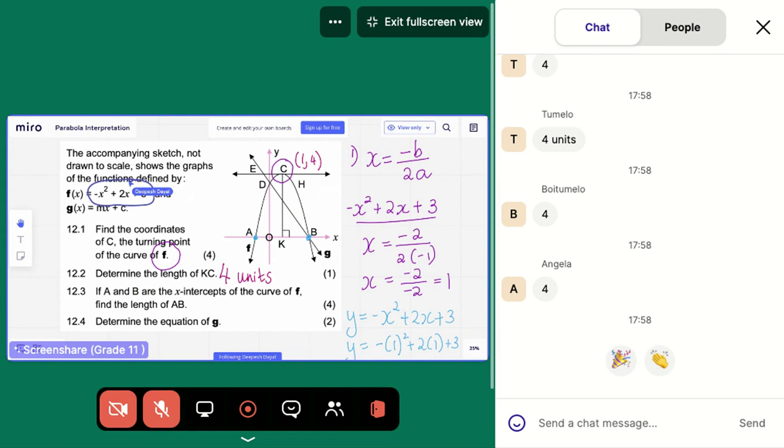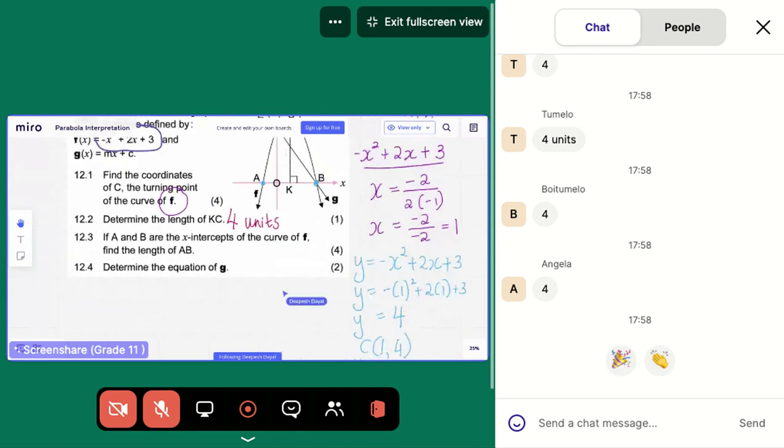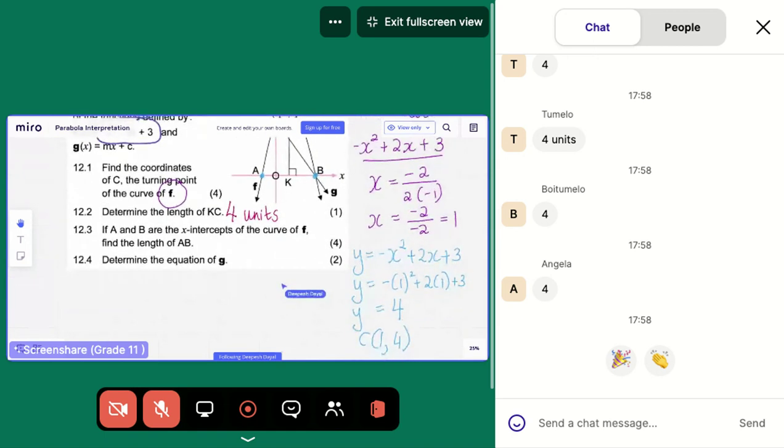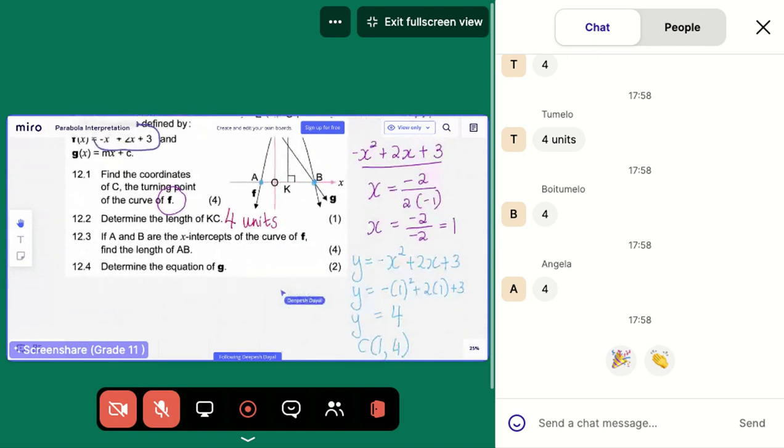So let's write this down: f(x) equals minus x squared plus 2x plus 3. But remember, A and B are the x-intercepts. What is the value of y at the x-intercept?